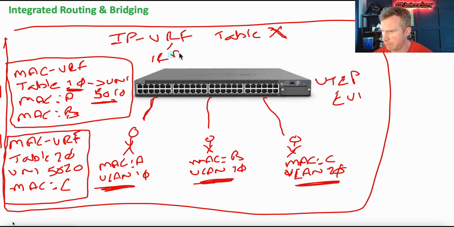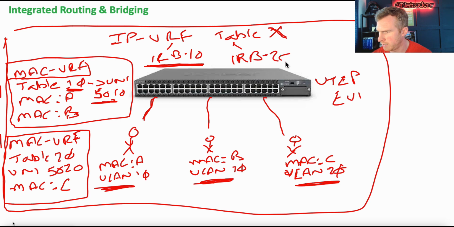So we're going to have IRB, Integrated Routing and Bridging, 10. That would be the default gateway for all the users which are in MAC-VRF table 10. We're also going to have an IRB.20, and that is going to have an IP address. It's the default gateway for all users which are in the MAC-VRF table 20.